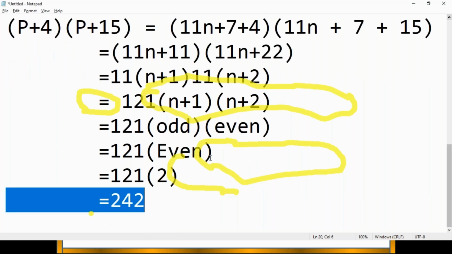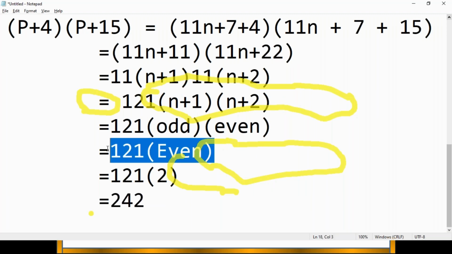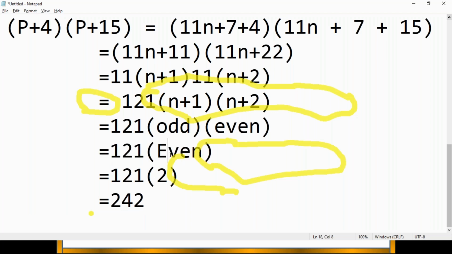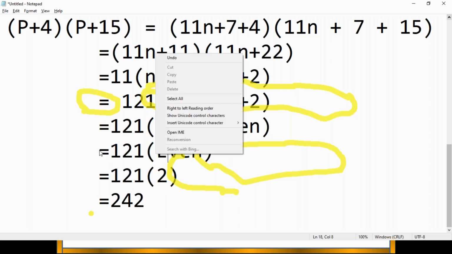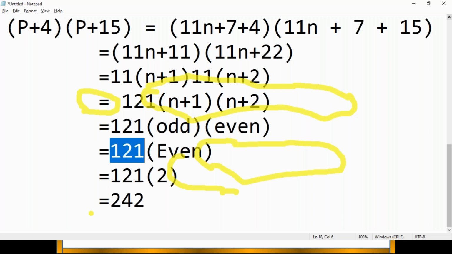So here, hope there is no doubt up to here, but don't get confused here. This even number is anything. If a number, for example, 121 into an even number is the answer, 121 into even number is the result for P plus 4 into P plus 15.